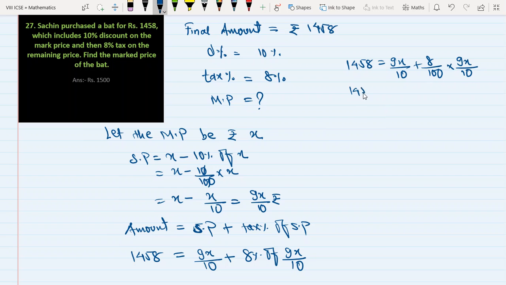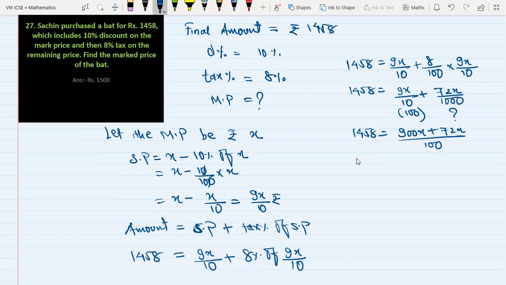So 1458 is equal to 9X by 10 plus 72X by 1000. Okay, all right. Let's take LCM and simplify this. 1458 is equal to 900X plus 72X by 1000.